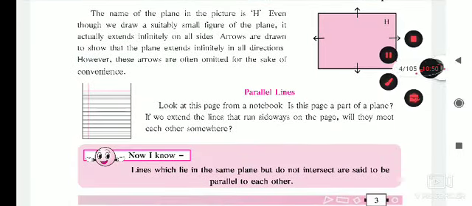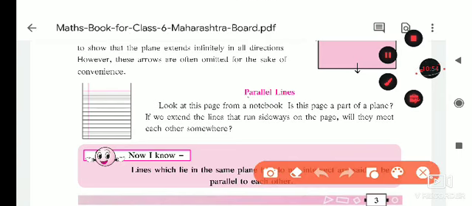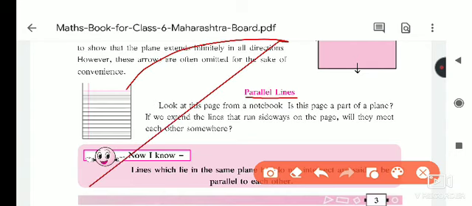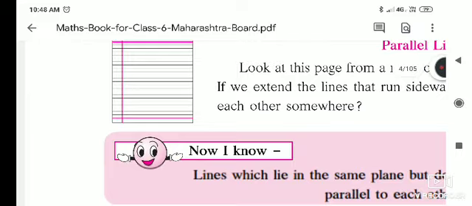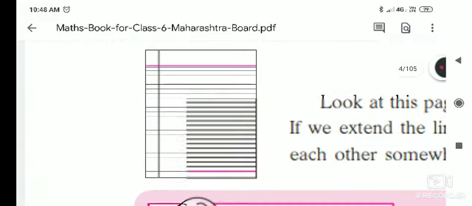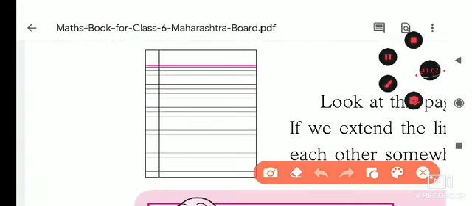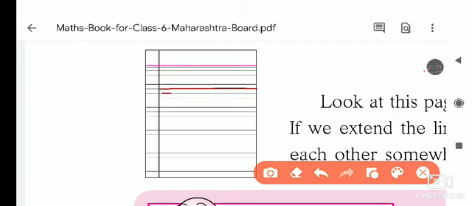After plane we will see parallel lines. What is a parallel line? If you see this part of a notebook, then you will see that all these lines are parallel lines. Means they do not intersect each other at any point.